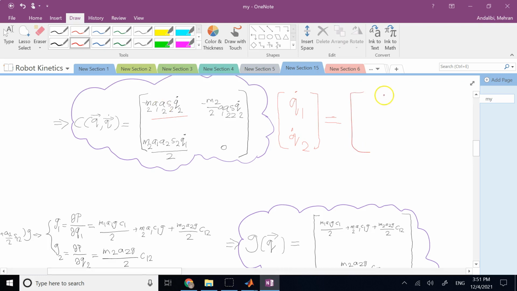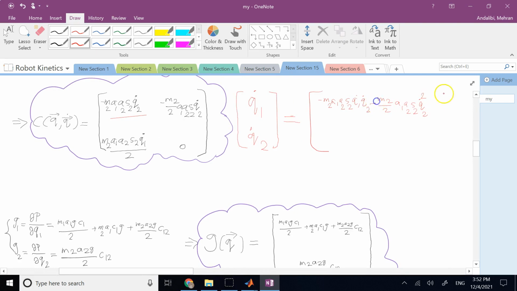So it is going to be negative M2 A1 A2 S2 Q1 dot Q2 dot, then minus M2 over 2 A1 A2 S2 Q2 dot squared.